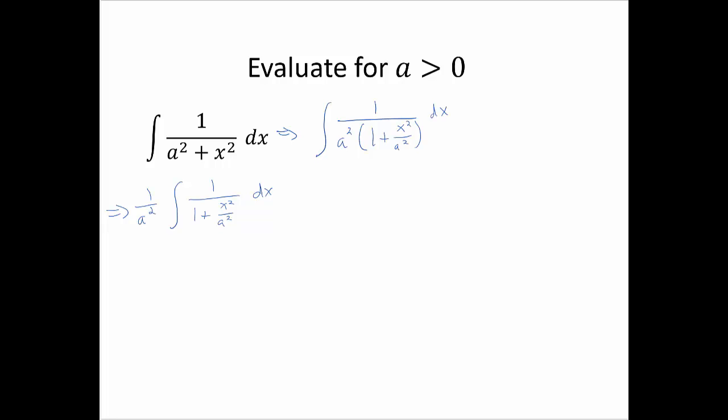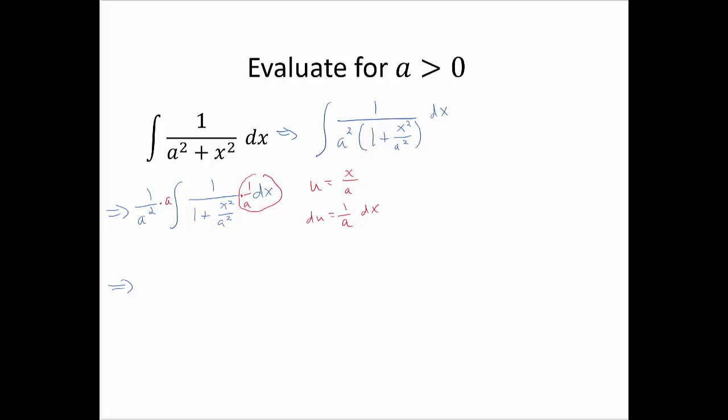Now this looks closer to an arctangent, an inverse tangent. Let's make the substitution: u equals x over a, with du then equaling 1 over a dx. So I'll bring in a 1 over a; I've got the 1 over a dx now. But if I do that, I have to multiply by an a on the outside of the integral.